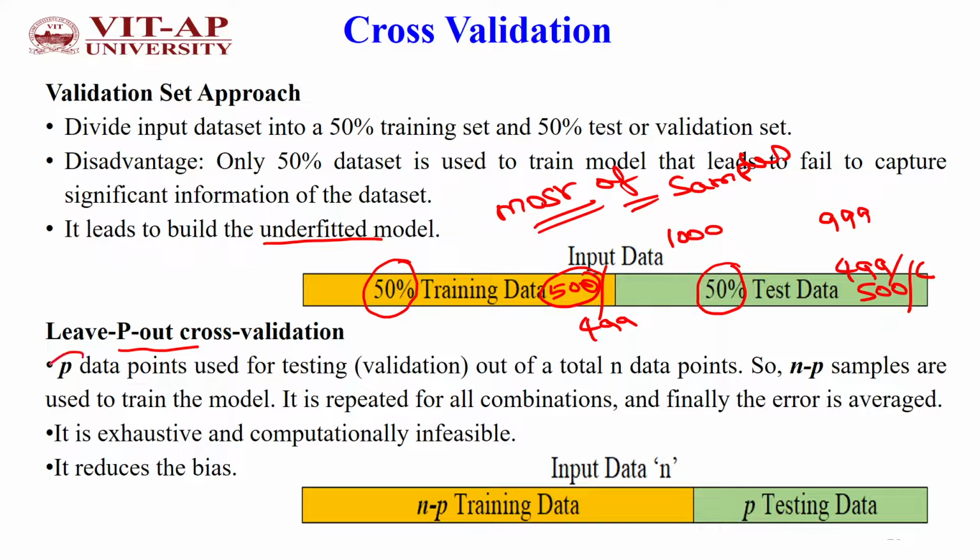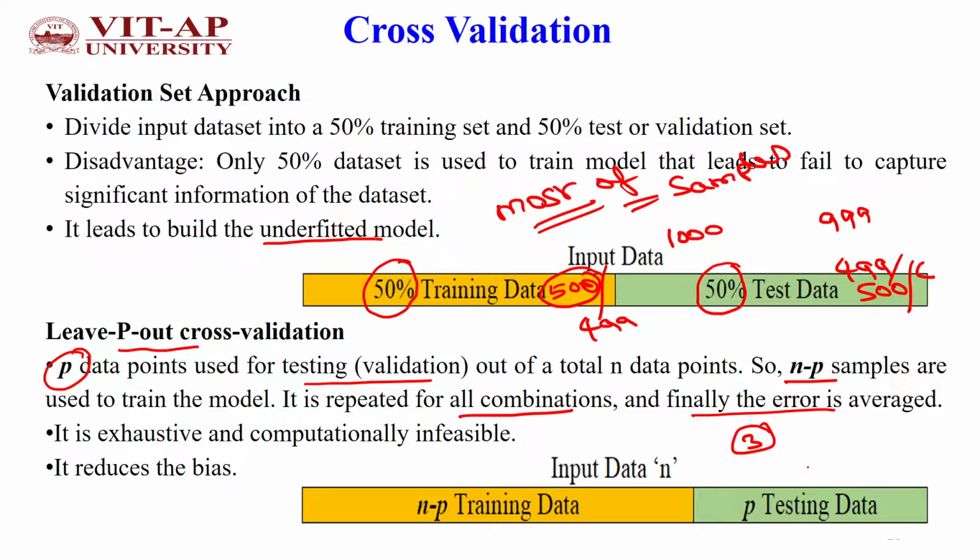Here, p data points will be used for testing, and the remaining n minus p samples will be allotted for training the model. It will be repeated for all combinations, and finally the error will be averaged. Suppose p is 3.